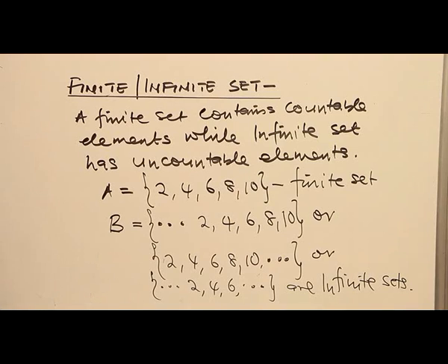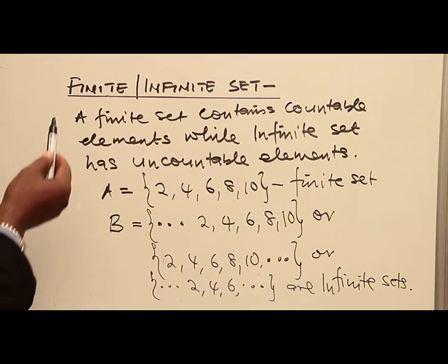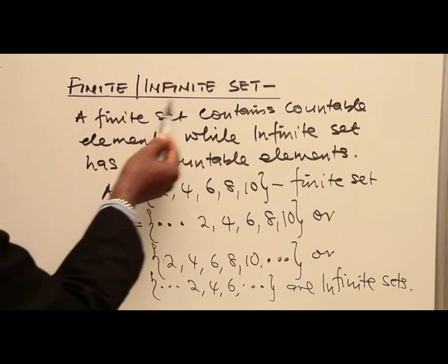Since sets involve elements or numbers or objects, it means that they can be countable and sometimes they can be uncountable. In other words, we have what we call the finite set and the infinite set.